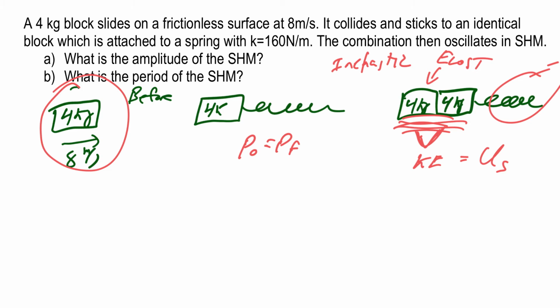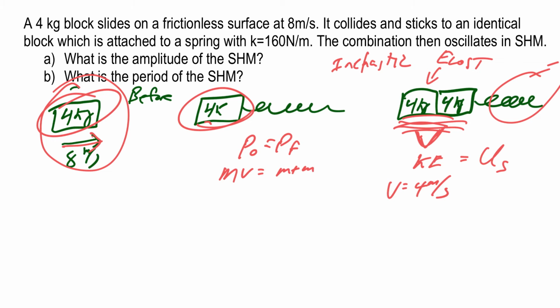Now, as it turns out, I gave you really easy numbers here, just to make it easy, I suppose. So you should be able to do this one in your head. If it's going 8 meters per second, and since the masses are equal, then when they collide and stick, that means they should now be moving with a velocity of exactly half. Okay, if you don't believe me, you can solve it. m v equals (m plus m) v.